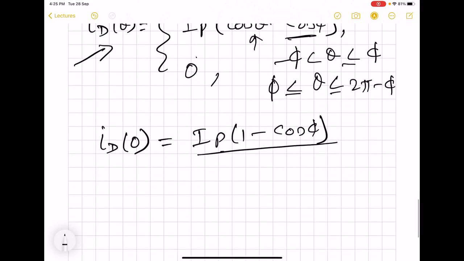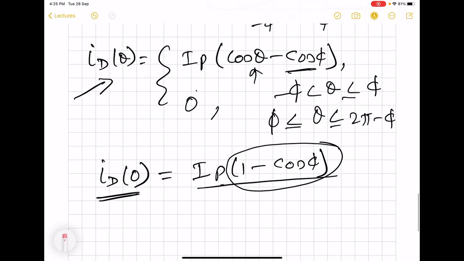So here we see that the new drain current value at theta equal to 0 is more by this factor. So now, to regain the amplitude for this drain current to be IP, we have to divide this expression by this factor.